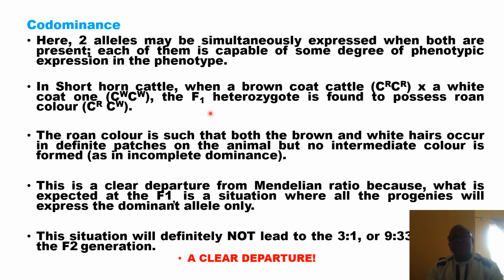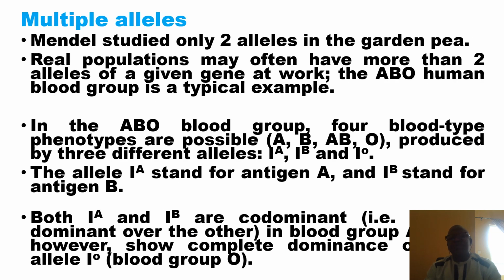But this situation does not occur like that. There's interspersing, and each of the colors of the parents is represented in the F1 heterozygote. So the implication is that when you carry out a cross in the F2, you are not likely to get a ratio of 3:1 or 9:3:3:1, and this is a clear departure from the Mendelian ratio.